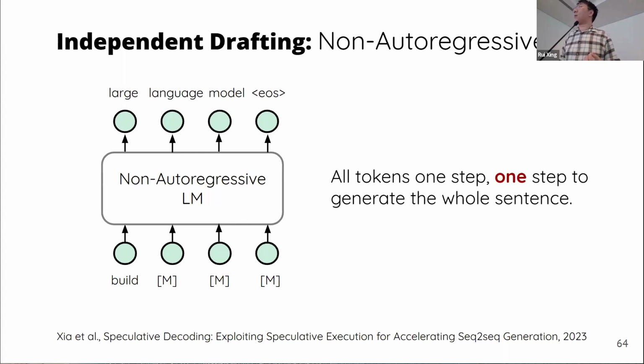After one step, you can generate the whole sentence. It's like magic, because the non-autoregressive model does not interact between tokens at each step. It just feeds some mask tokens and predicts them in parallel.